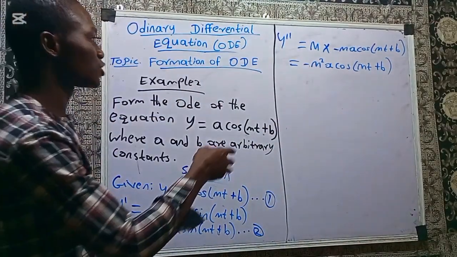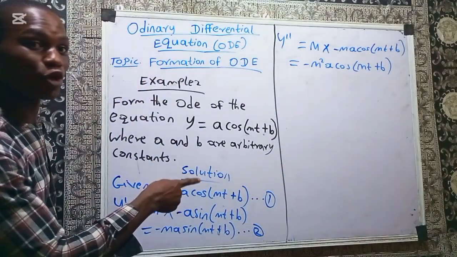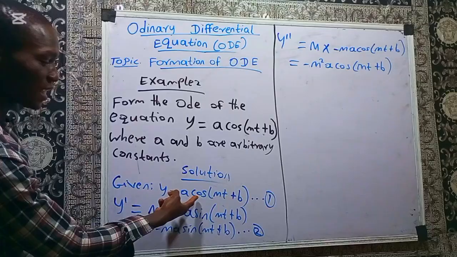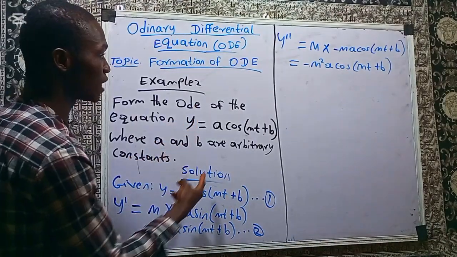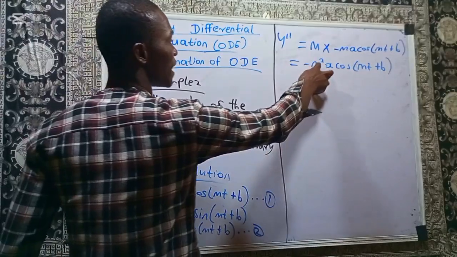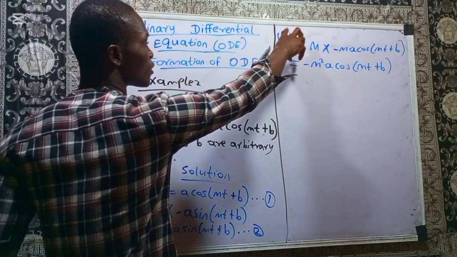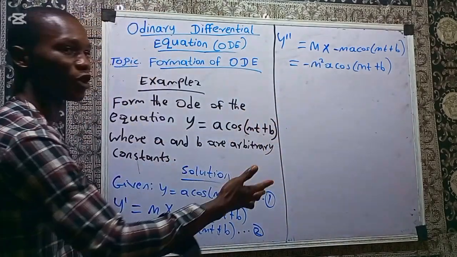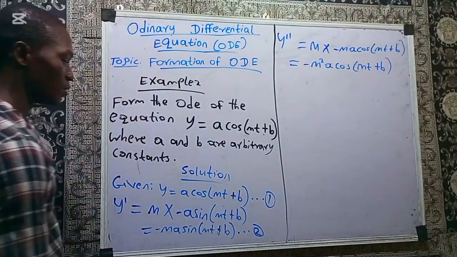Now, what is the relationship between this one and this first one? Why I'm saying this is because this one has cosine, right? The first one we had has cosine. The only difference is that the first one does not have negative m squared, while this second derivative has negative m squared before a cosine mt plus b.